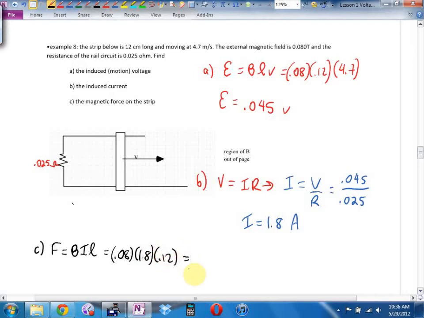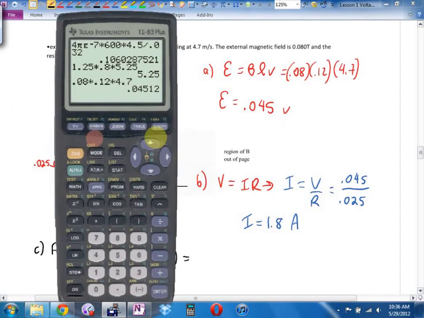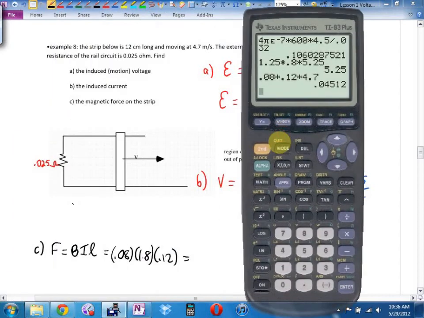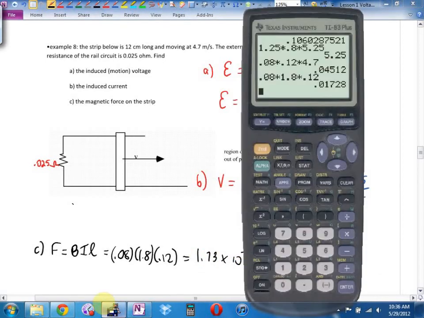How many newtons of force would you feel pulling against you? 1.73 times 10 to the negative 2. Not a big force, but you feel it.